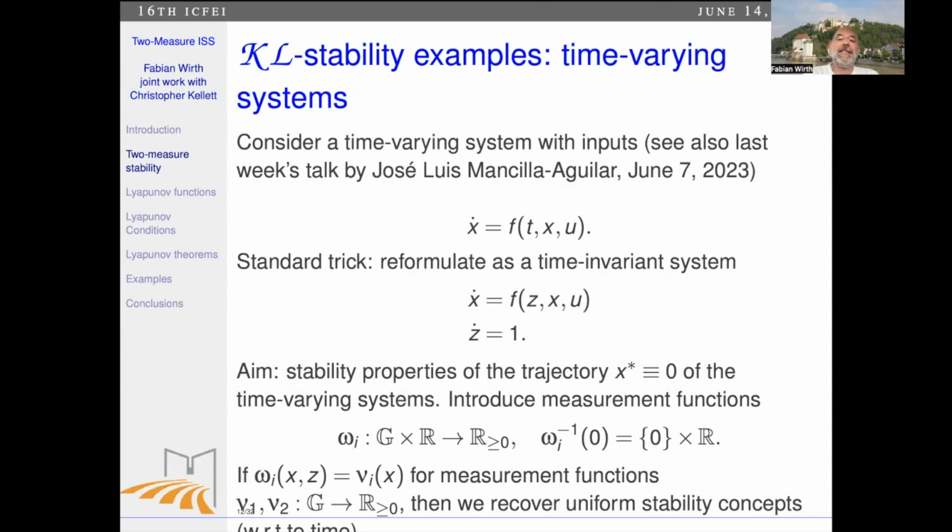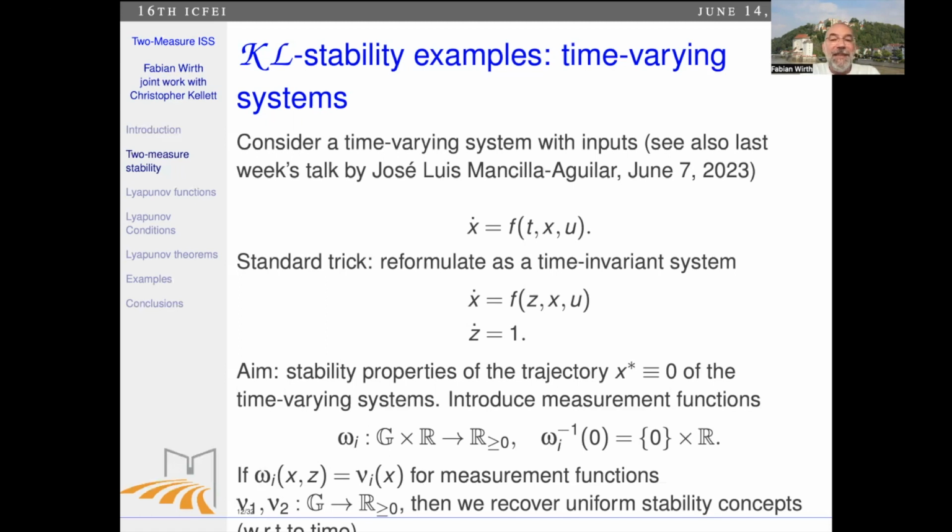Yes, but there are other examples. For example, last week there was a very nice talk by Jose Luis Mancilla Aguilar, who considered time-varying systems and input-to-state stability properties of such systems. Some things he said could have been said in terms of two-measure stability. There was no need for him to do that, but it would be possible.